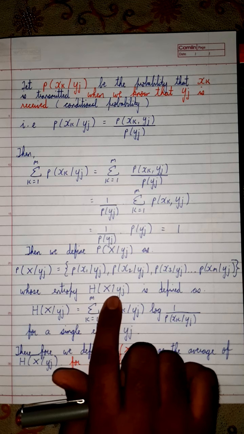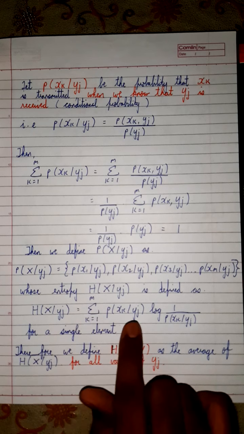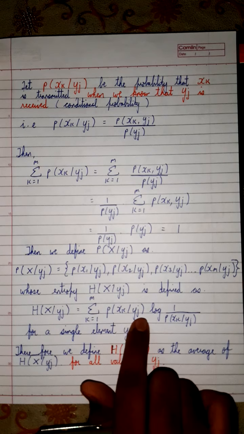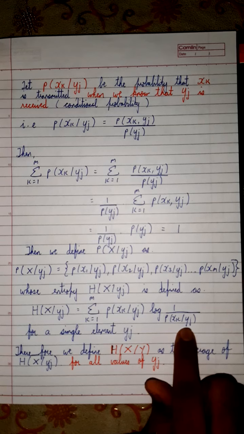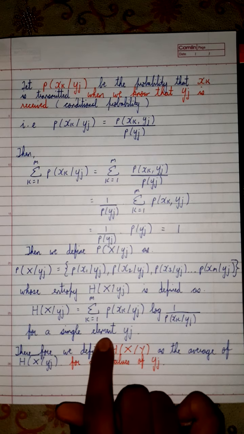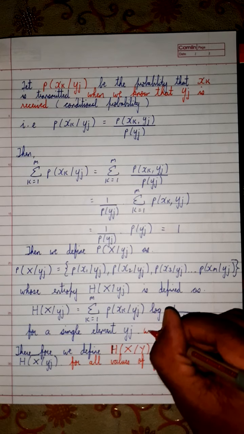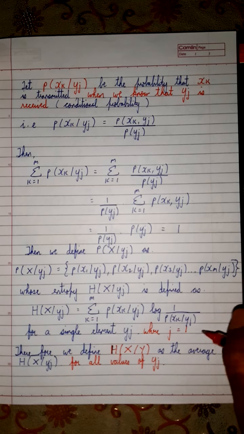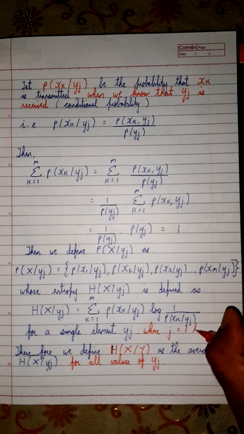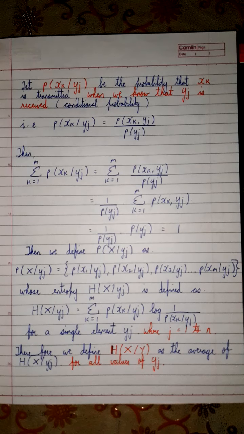So this entropy is defined as sigma k is equal to 1 to m p of xk by yj log of 1 by p of xk by yj, right? And this entropy is defined only for a single element yj, where j can be any number from 1 to n, right?